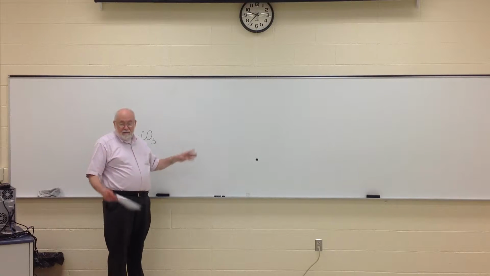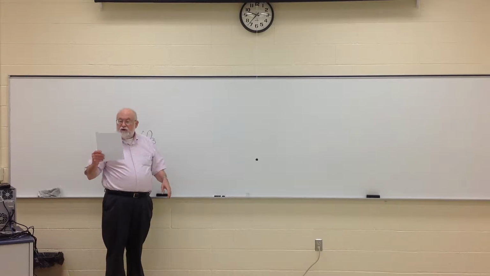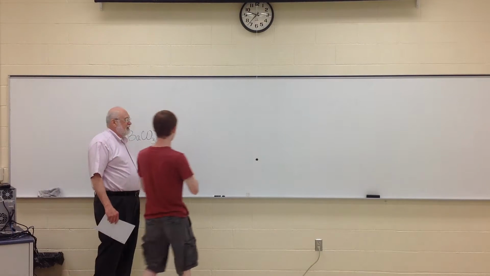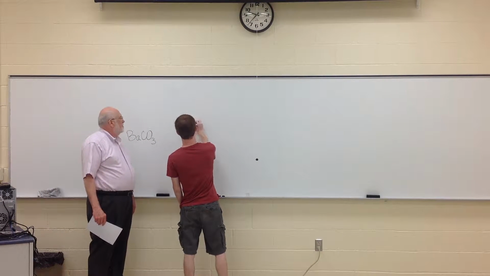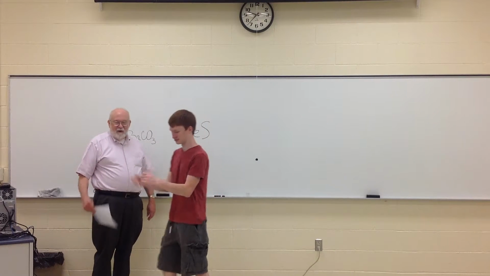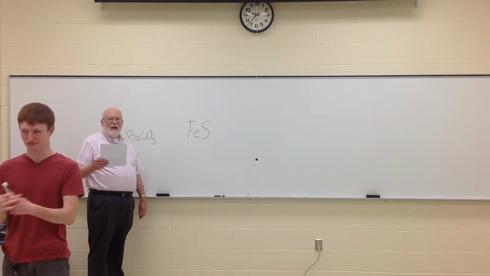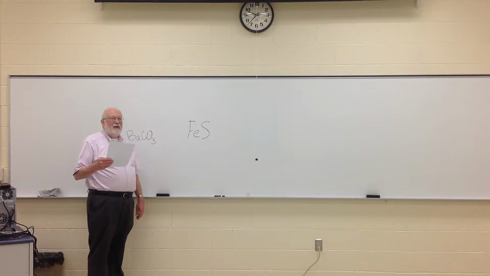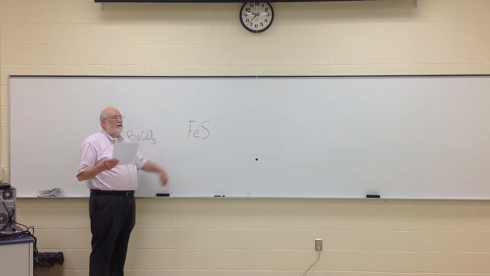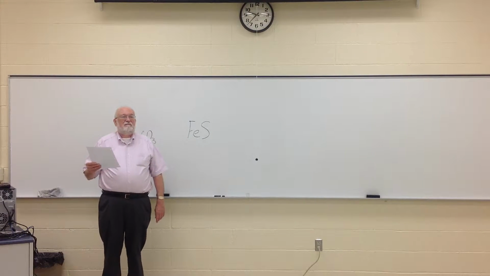Okay, so the next one up is iron(II) sulfide. That should be an easy one. Excellent. Hand the marker to somebody else. Get somebody on the other side of the room. There you go. Excellent. Now, what is the charge on this iron(II)?